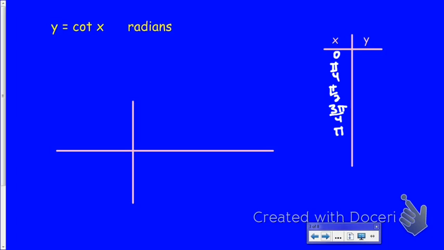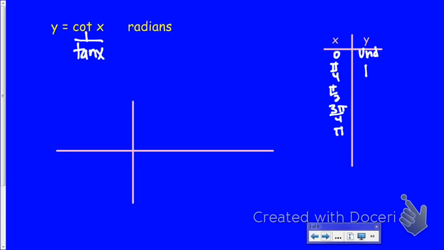Now if you remember, cotangent is the same as 1 over the tangent of x. So basically, I'm going to find the tangent of x, and I'm going to flip it. I'm going to take the reciprocal of it. Remember, reciprocal is different than inverse. The tangent of 0 was 0, but the reciprocal of 0, so the cotangent of 0, is actually going to be undefined. The tangent of pi over 4 is 1, which means the cotangent of pi over 4 is 1 over 1, which is still 1.